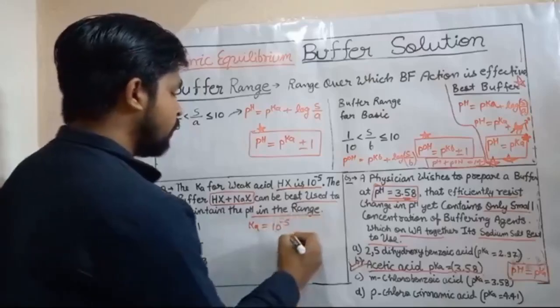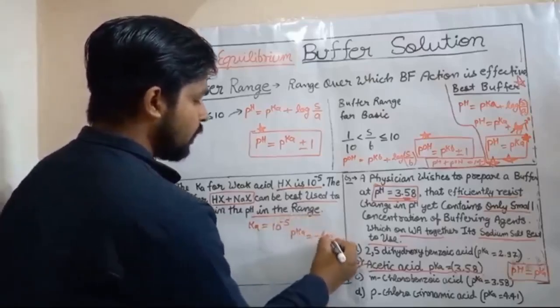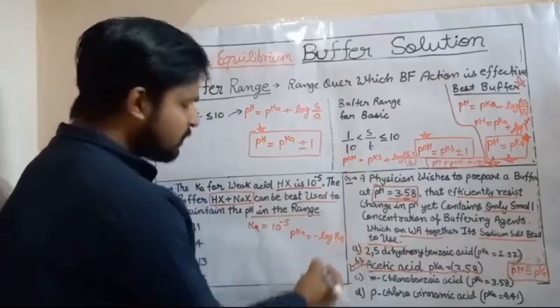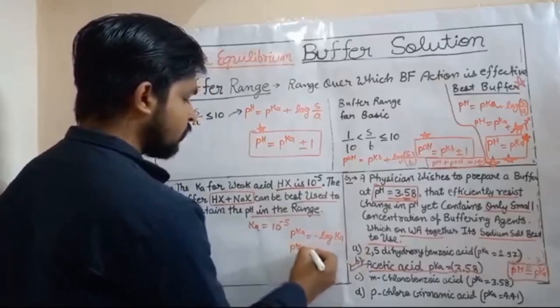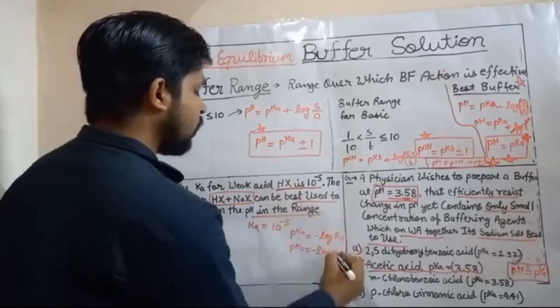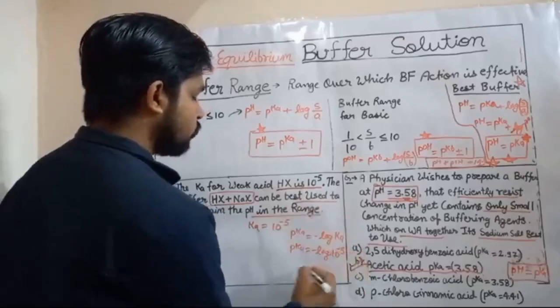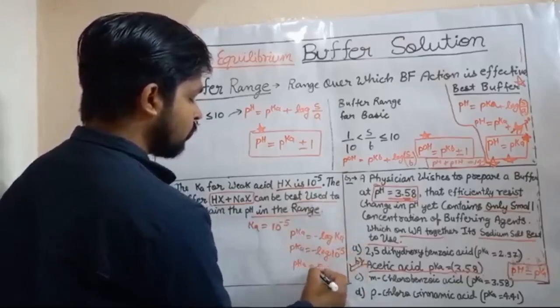So pKa is equal to minus log Ka, which is minus log of 10 to the power minus 5. Okay, so pKa is equal to 5.